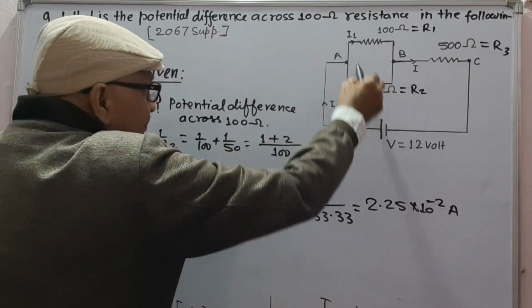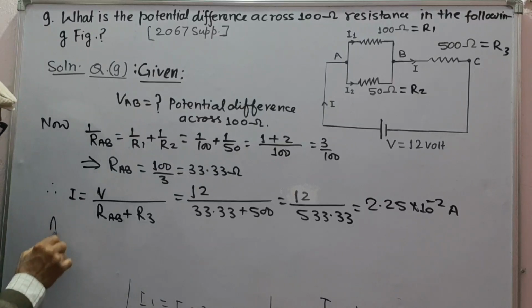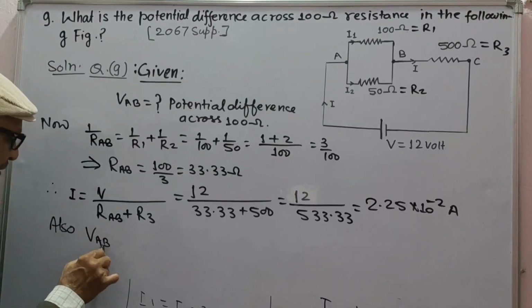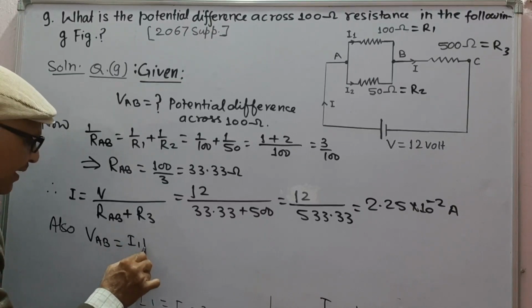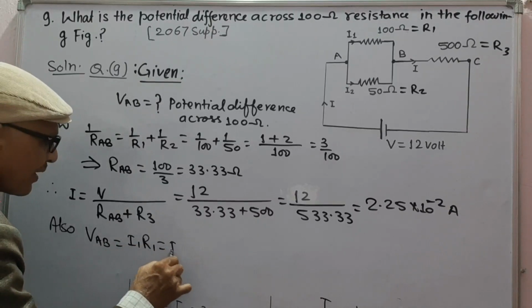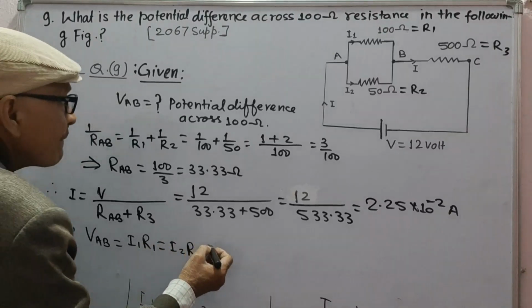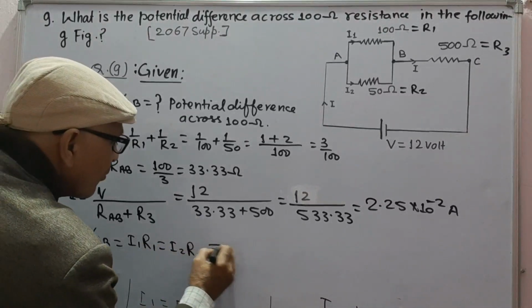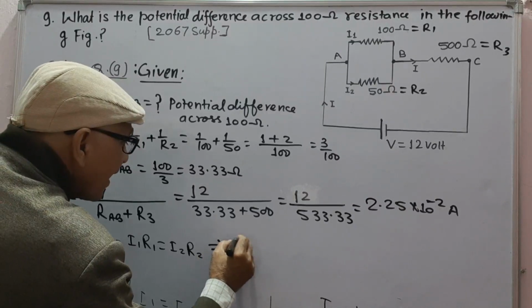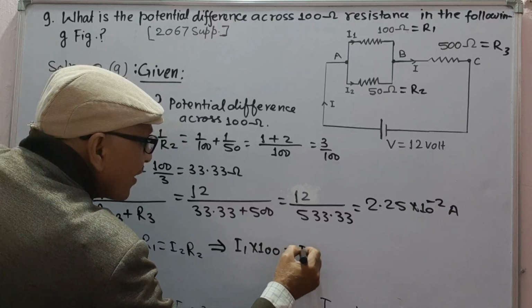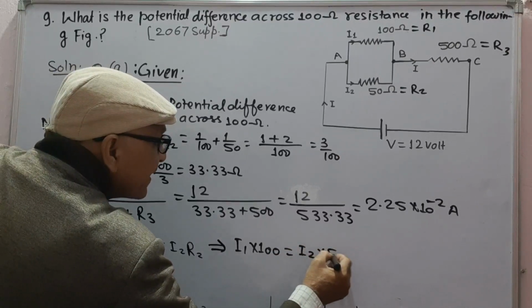Now in this parallel resistance also VAB will be equal to I1 R1 is equal to I2 R2, which gives I1 into 100 is equal to I2 into 50.